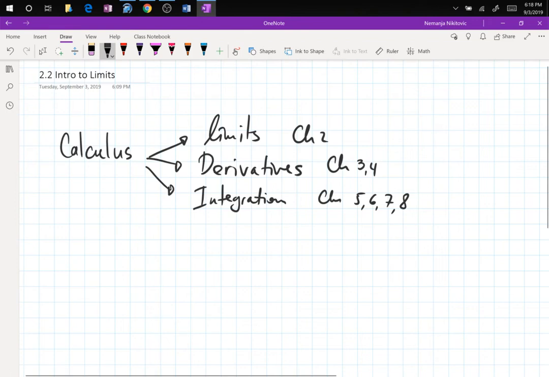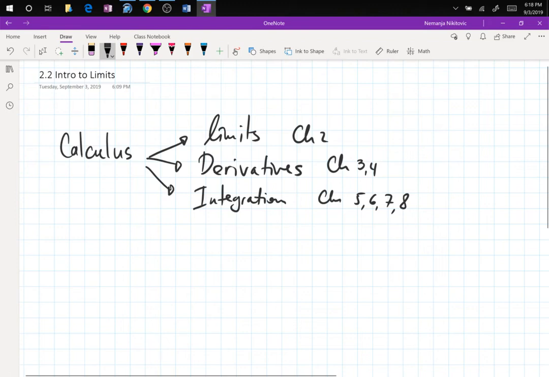So limits are something that will never, ever, ever go, well, nothing here goes away, because 100% of what you learn in Calc 1 will be used later on. We are not going to have a section that is not used at all later. They're either used heavily or they're modified and used again, especially in Calc 3. So Calc 1 is the base for Calc 2, Calc 3, and obviously differential equations coming on later.